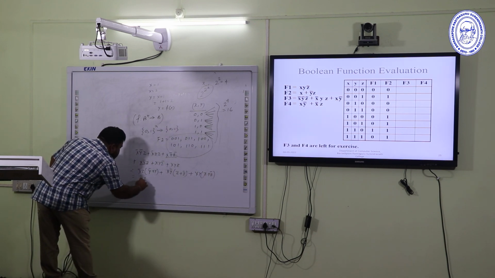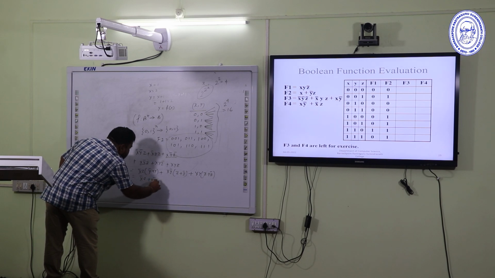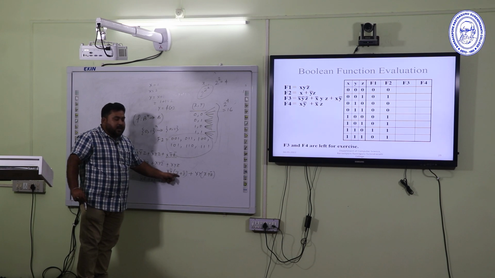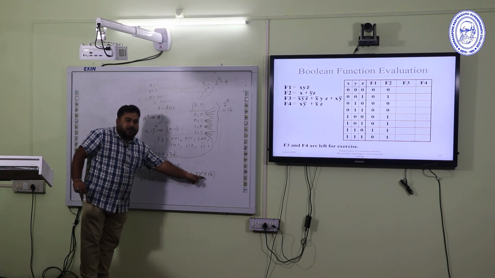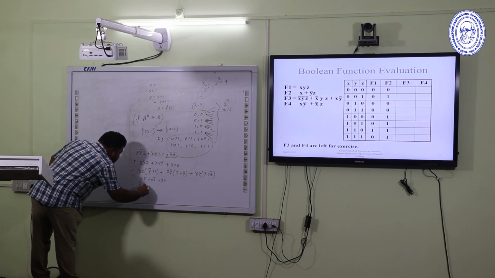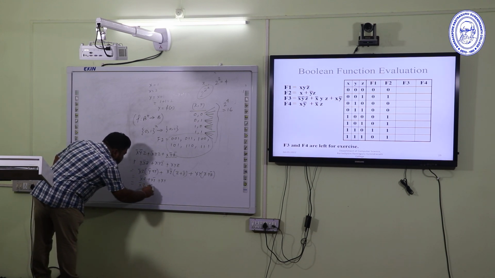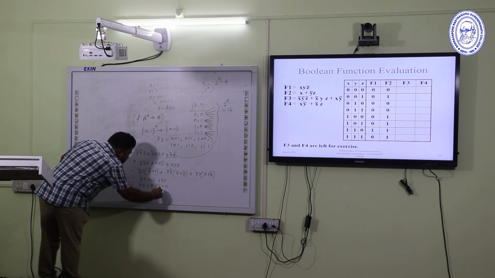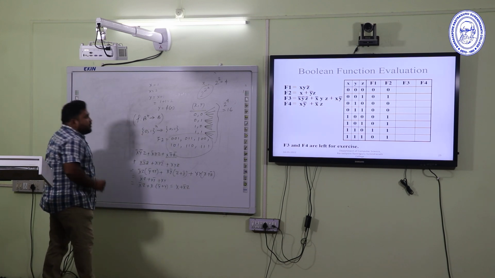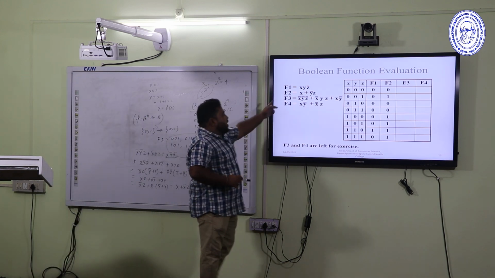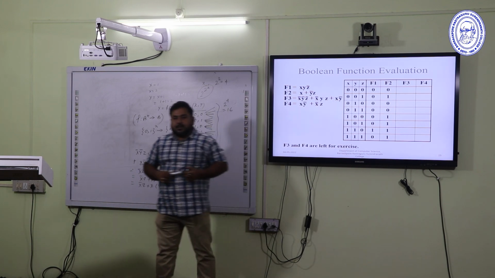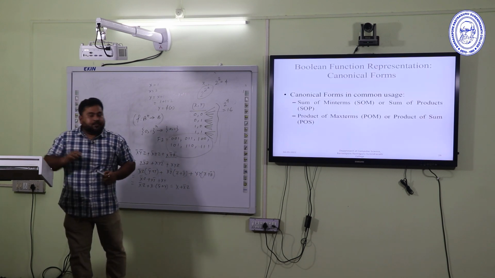So that is x prime z plus x y prime and x y, because y plus y prime is equal to 1 and z plus z prime is equal to 1. From that we get x plus x prime z. This is how we can evaluate the functions. F3 and F4 are left for exercise. Please try at home.